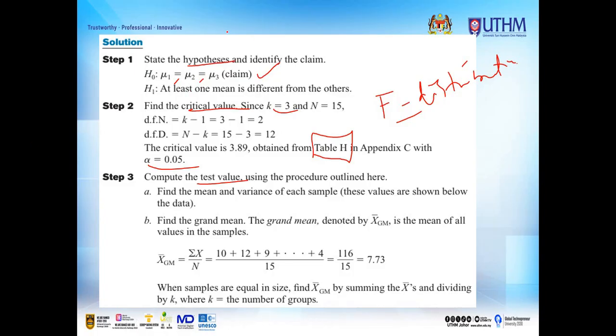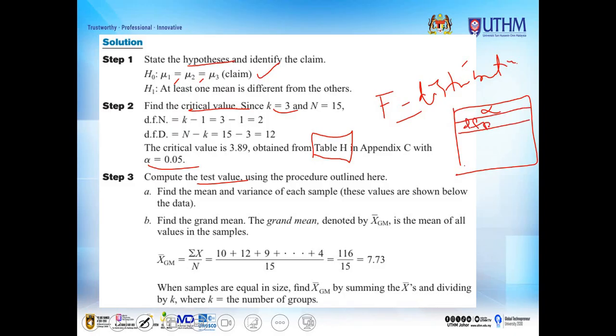Okay, let's see. You have to check the alpha value from the table that is given. After that, check on DFD and then check your DFN.